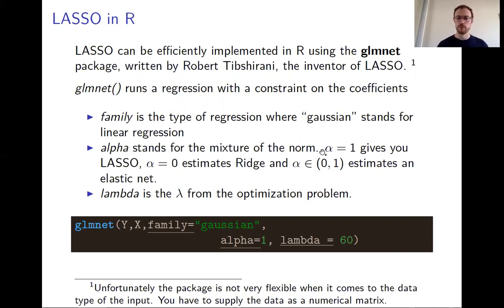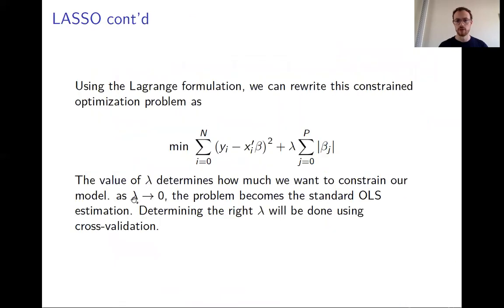The alpha stands for the mixture of the norm. So again, alpha equals 1 will give you LASSO, alpha equals 0 will give you ridge, and anything in between gives an elastic net regression. And then lambda is the lambda that we have looked at here, which tells us how much we want to restrict the coefficients.